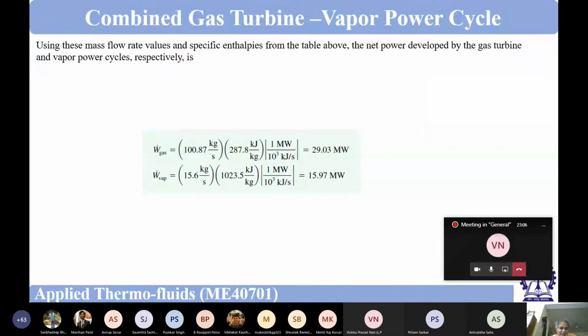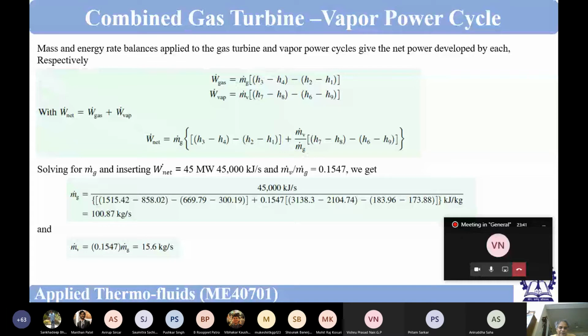Then W gas we are getting is 29.03 and W dot vapor is 15.97, all in megawatt. So the gas turbine power plant generates almost twice the power compared to the steam turbine power plant, but the mass flow rate was quite high, is it not? Not 10 times, let's say 7-8 times more.